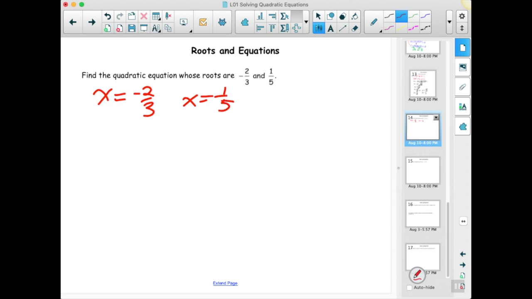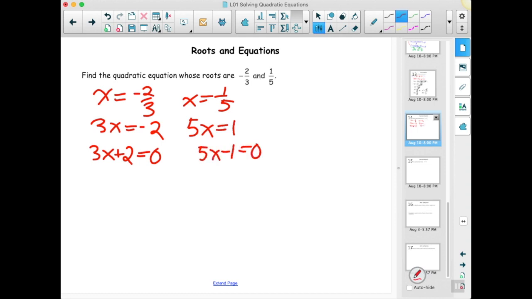If I cross multiply, I'm going to get 3x is equal to negative 2, so I'm going to get 3x plus 2 is equal to 0. This is going to give me 5x is equal to 1, so 5x minus 1 is equal to 0. And now I have my two factors, so I simply need to just do 3x plus 2 times 5x minus 1 is 0 to get back to the original equation.